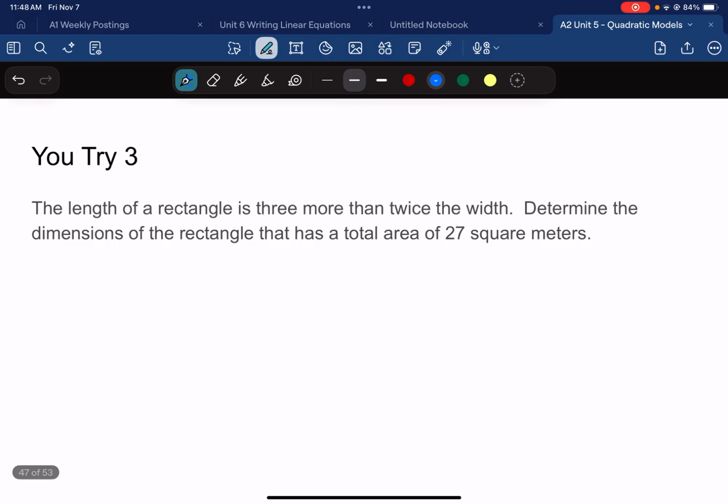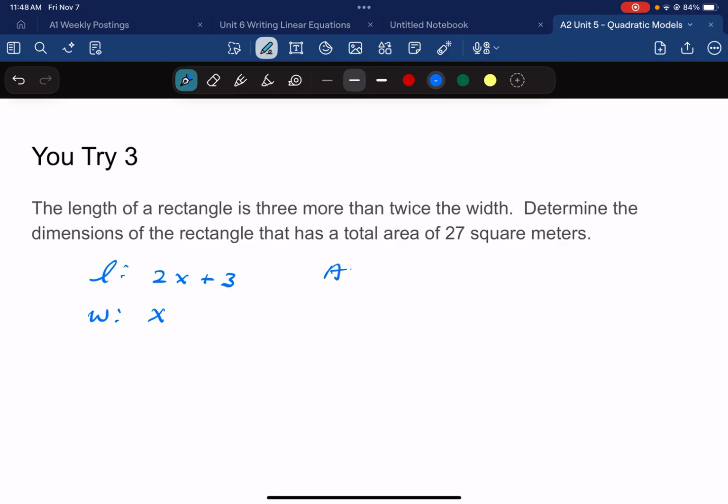All right, you guys can try this one. So length, width. The length is 3 more than twice the width. So width is just x, and twice the width increased by 3. That's 3 more than. Determine the dimensions if it has a total area of 27.